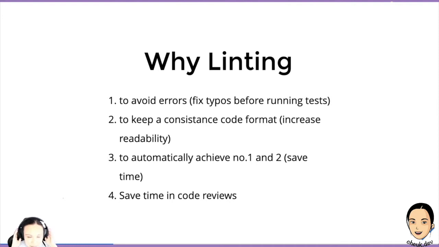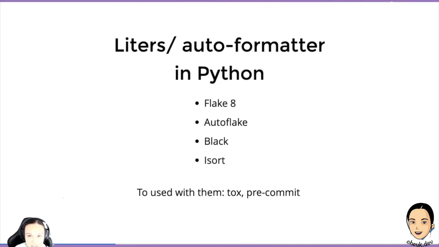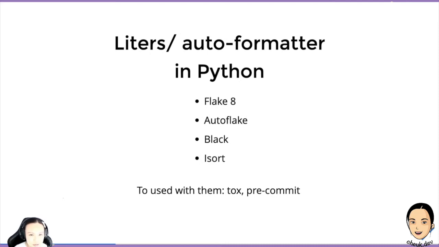So that's good. And today I'm going to introduce you to actually four linters or auto formatters. Like I said, I'm blurring the terms a little bit because I sometimes do both of them at the same time. After those four tools, I will also introduce you to tox and pre-commit.